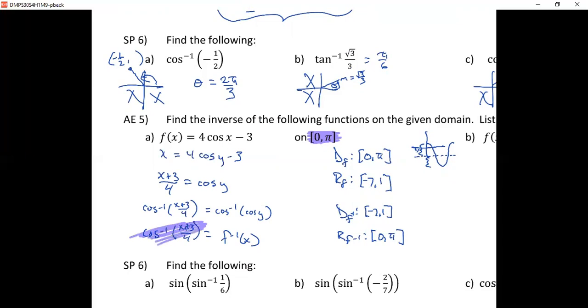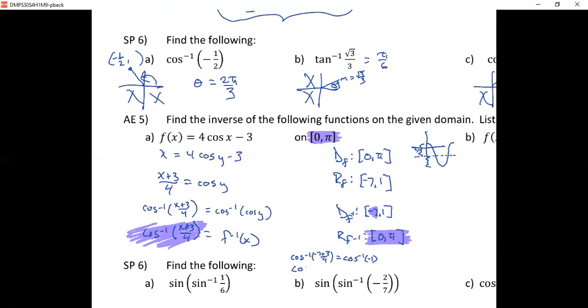So let's go ahead and tie some information together. Because this is the inverse cosine function, we know that the range of the inverse cosine should be 0 to pi because it gives us an angle between 0 and pi. Now, when it comes to the domain, if we plug in -7, we will have the inverse cosine of -7 plus 3 over 4, which is the inverse cosine of -1, the smallest value that we can plug in there.